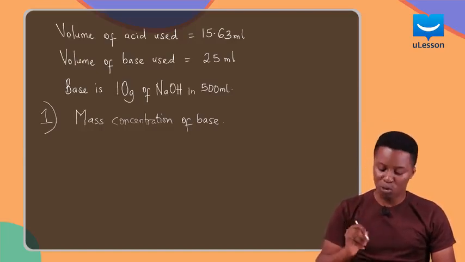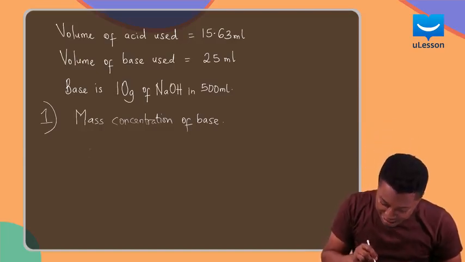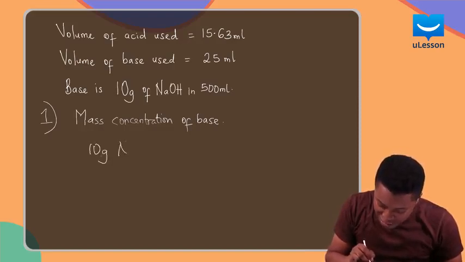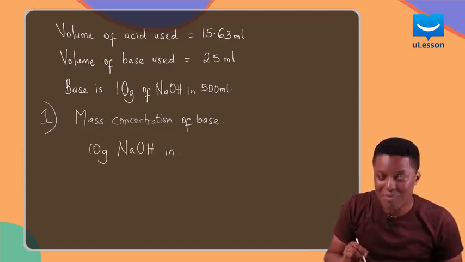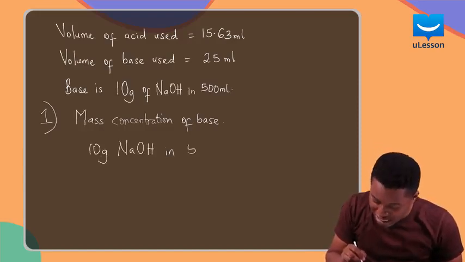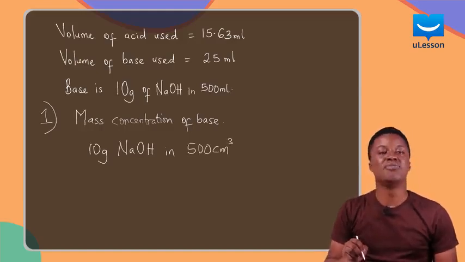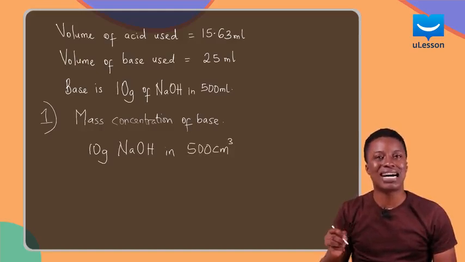So, we've been told that the base is 10 grams of sodium hydroxide in 500 milliliters or 500 centimeter cube of solution. And we've been asked to find the mass in 1000 centimeter cube, which is the mass concentration.